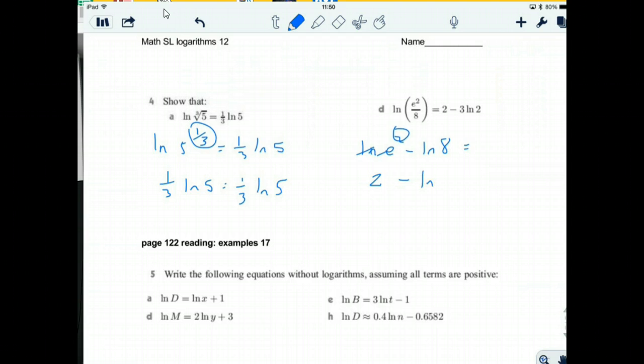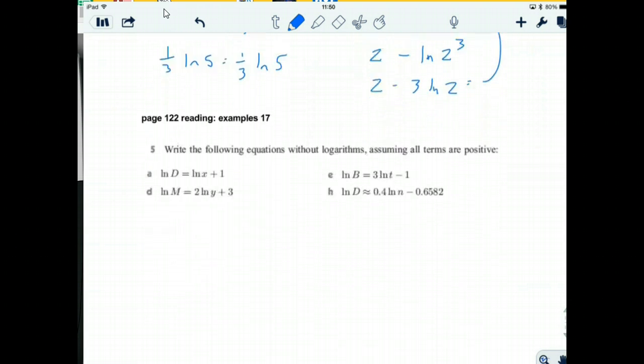Natural log of 8 is the same thing as 2 cubed. So that would be the same thing as 2 minus 3 natural log of 2, and then we just got what we wanted.